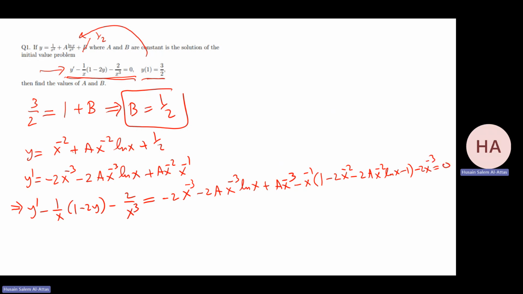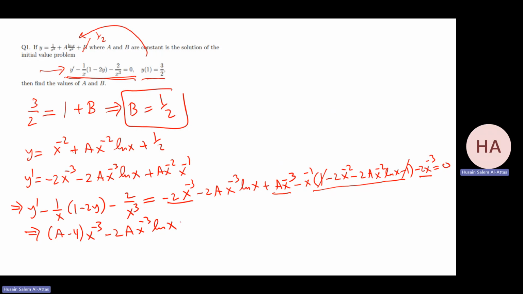Let me simplify it more. I have this with this: it will be minus 4 x to the power minus 3, minus 4 plus A. So I have A minus 4 x to the power minus 3. I'm using this and this and this. Minus 2A x to the power minus 3 ln x. Here I have 1 with minus 1, gone.